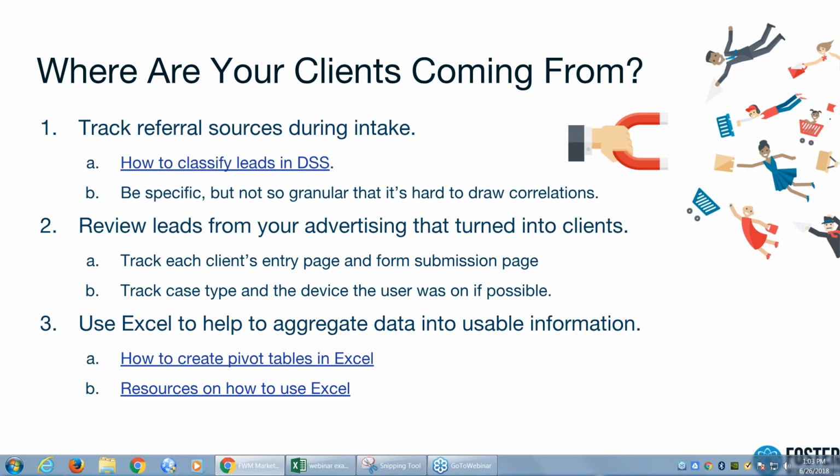But I use Excel a lot to dive into the data. You could also use a business intelligence tool like Tableau or something of the sort. There are a lot out there, but if you've got some Excel skills, that is a huge plus, and you can do everything that you'd want to, pulling the data from DSS or somewhere else.